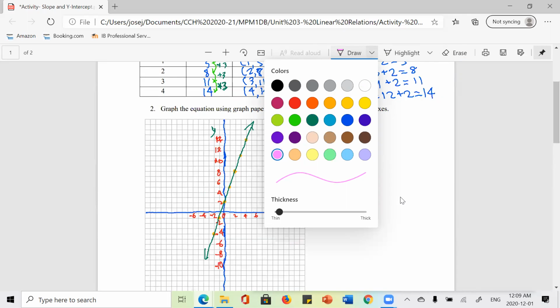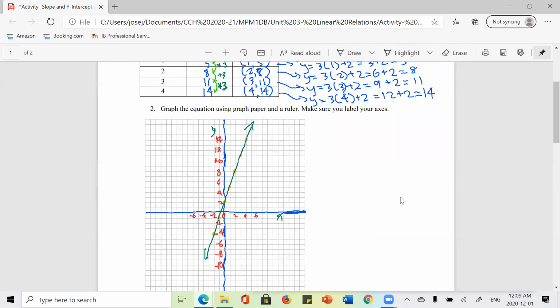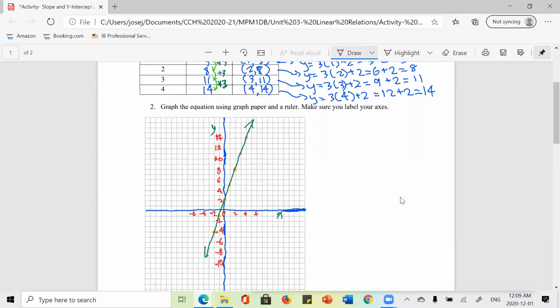So why don't we pick this point over here, which is 3 and 11. And just to change it up a little bit, why don't I pick this one right here, which is 1 and 5.